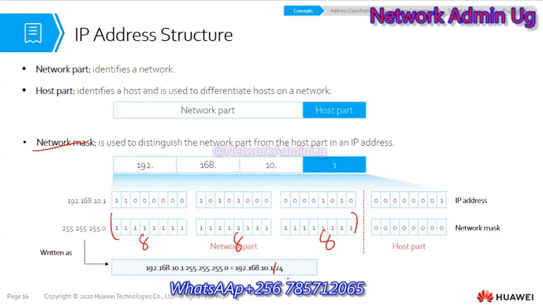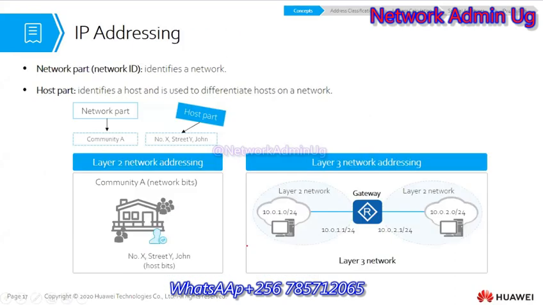That is the number of network bits that we have. That is why you have a /24. Therefore, you could represent this as this or as that. Now we have IP addressing.